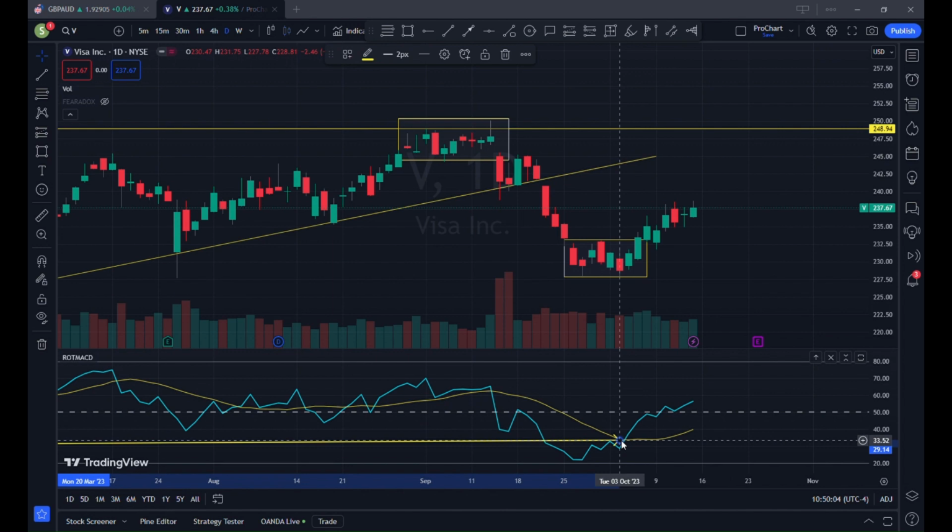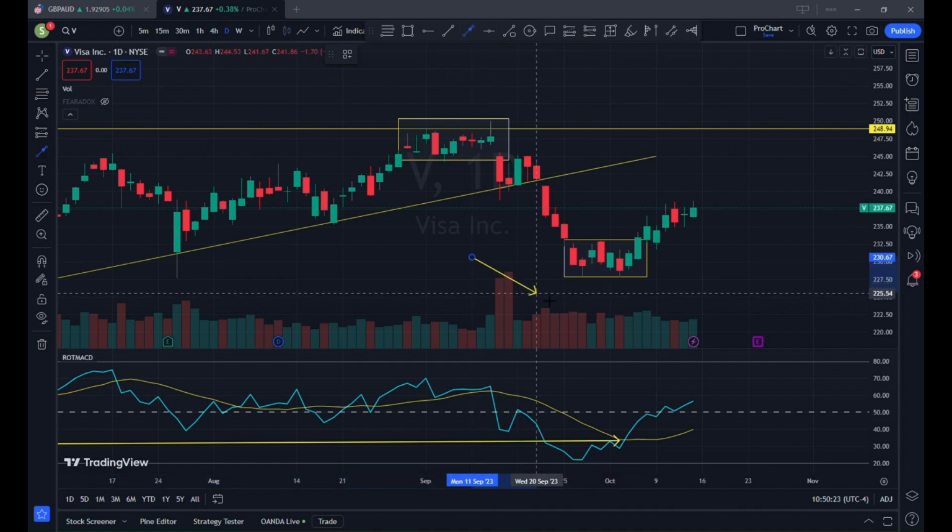It then gave you, you could say, a signal at that candle with this cross to say price is going to go up. Essentially, price was already going up. But you have to know here that when you look at this box, you are seeing one, two touches.